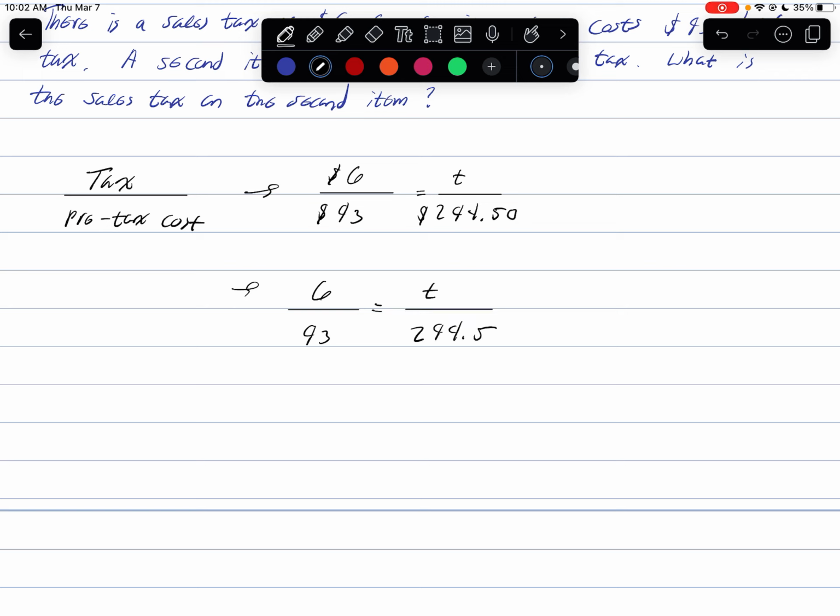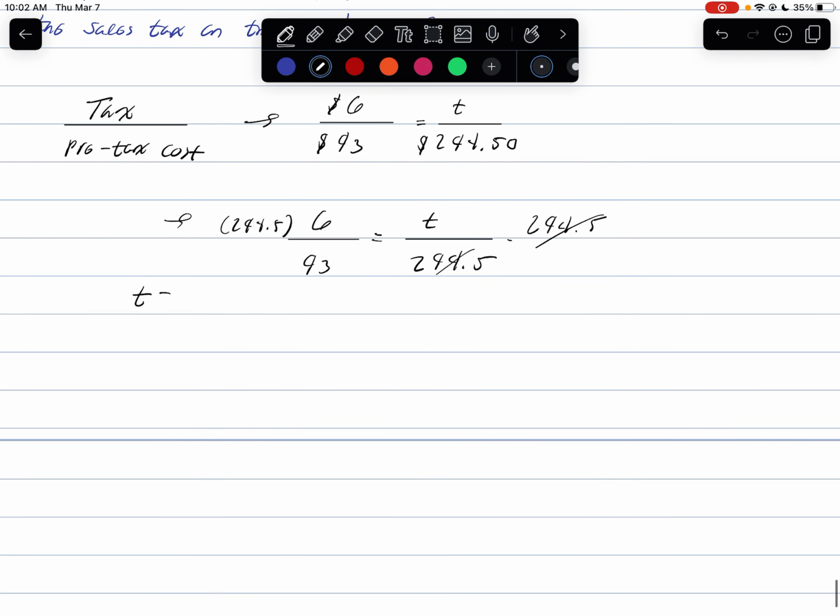This one's fairly easy. All we have to do is multiply both sides by 294.5. These will cancel, and we get that T is equal to 294.5 times 6 over 93.